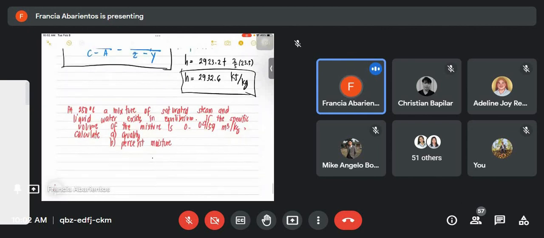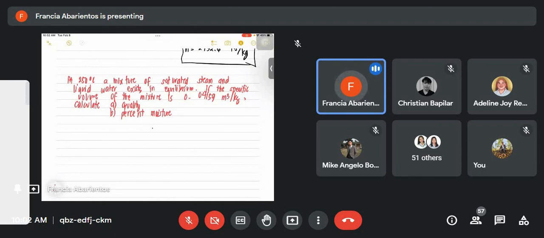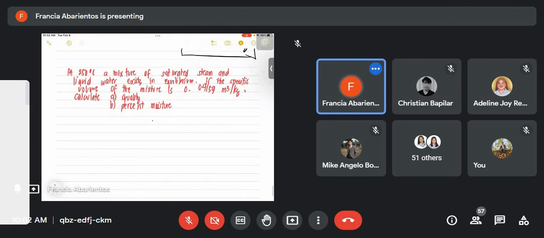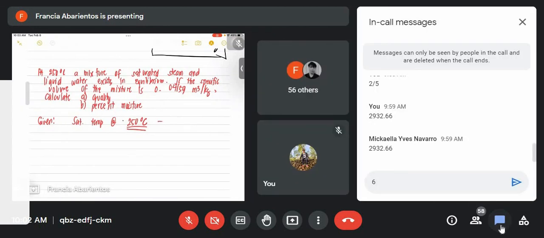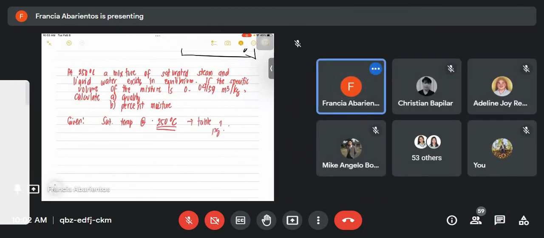So, two things are being asked of us. Okay, since it is said that the given is a mixture of saturated steam, the only given is the saturation temperature at 250 degrees Celsius. So, go straight to Table 1, page 6.